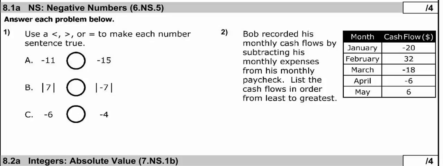The first thing we want to do is make sure we understand how these symbols translate into words, because we're asked to explain the relationship between each of these pairs using these 3 symbols. So the is equal to symbol, you all get the equal to part. This symbol is read as is less than.